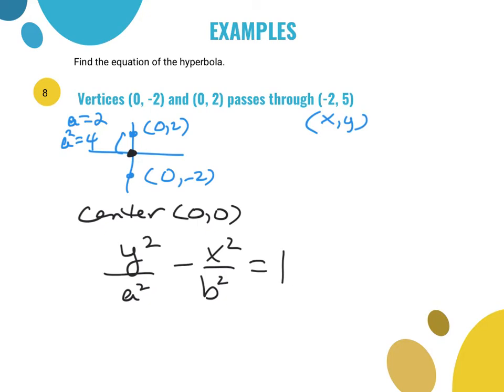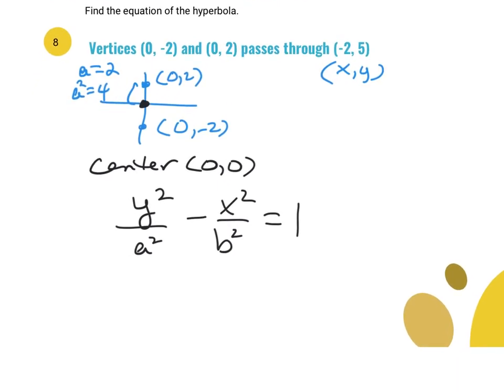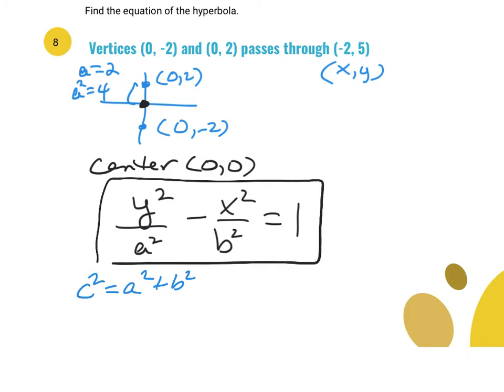I don't have enough information to use c squared equals a squared plus b squared. I only have a squared. So now what I'm going to do instead is use this equation and plug in the x and the y in the numerators.